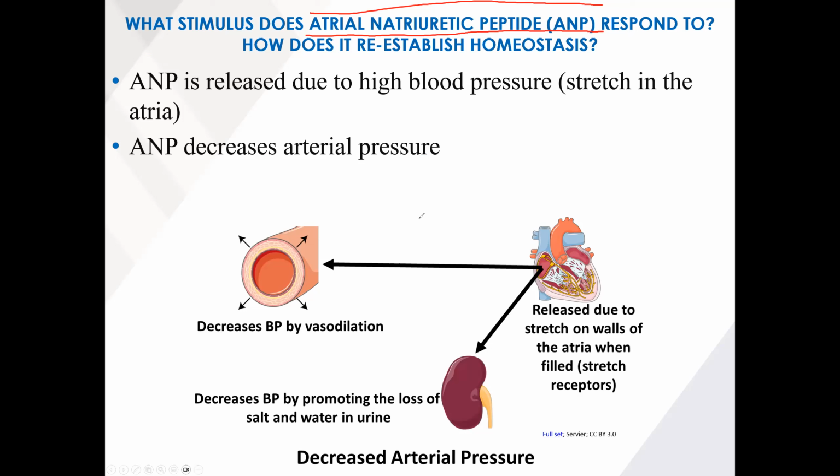What does vasopressin, antidiuretic hormone, do to blood pressure? Yeah, it increases blood pressure as well. And then what does atrial natriuretic peptide do to blood pressure? It decreases it, right? So two of these increase blood pressure, one of these decreases blood pressure. Angiotensin 2 and vasopressin increase BP, atrial natriuretic peptide decreases BP.